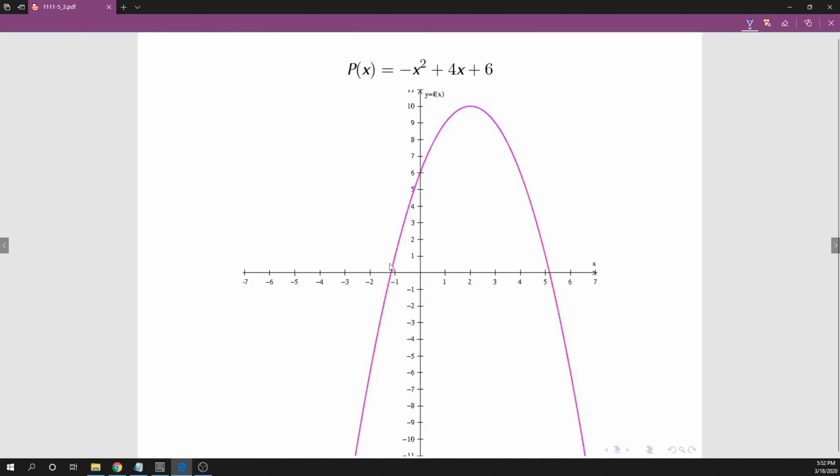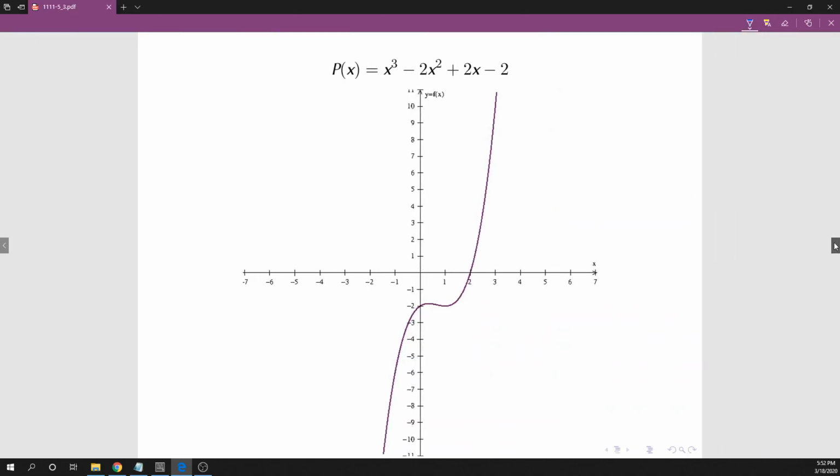On this quadratic, we can see it opens down. So as we go really far to the right, is the graph going up or down? Well, it's going down. As we go really far to the left, it is going really far down. So this one is going down on both ends.